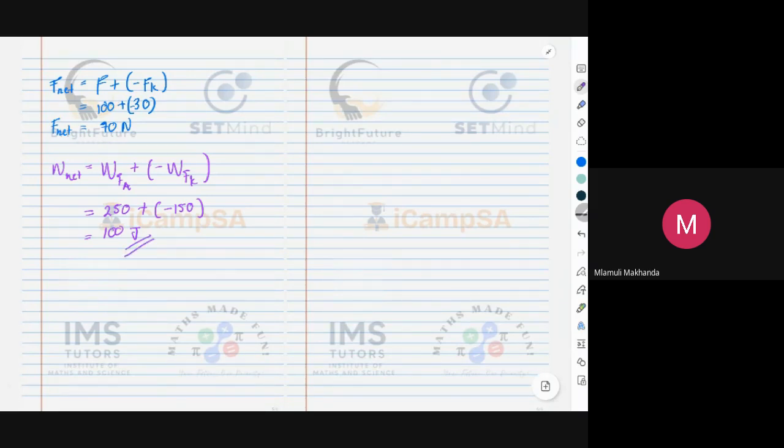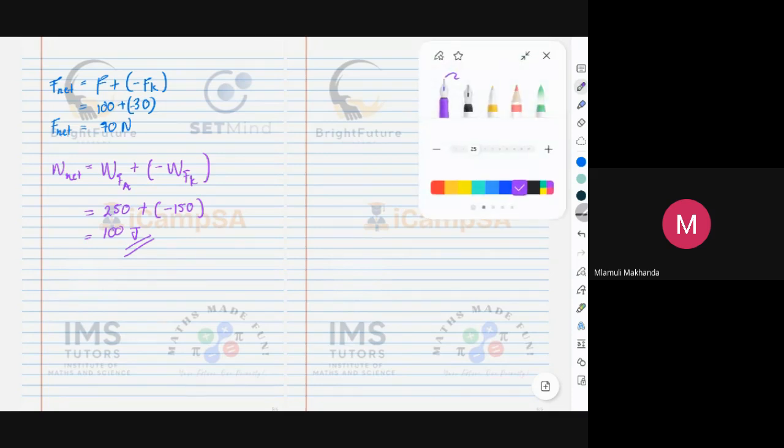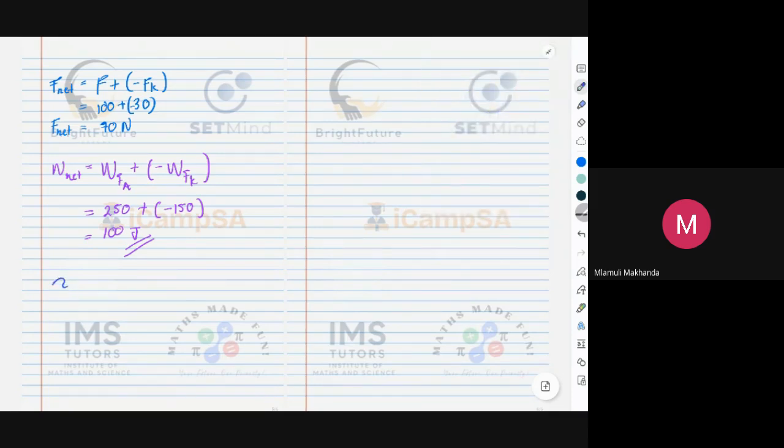So what if you use this instead? What if you decide to say net work is equal to F net times cos theta? Now this is wrong. Why is it wrong?